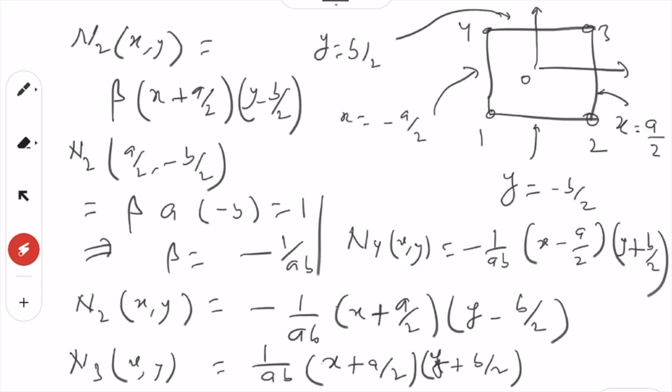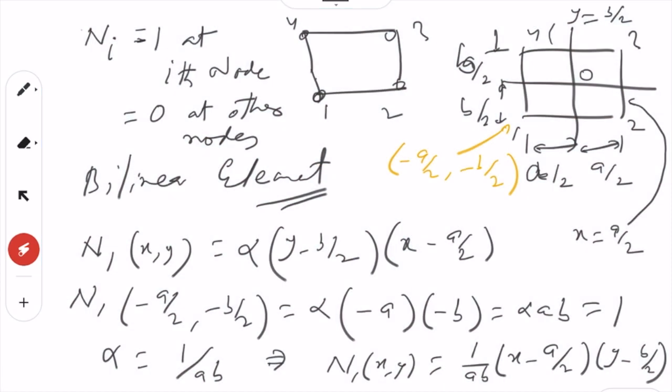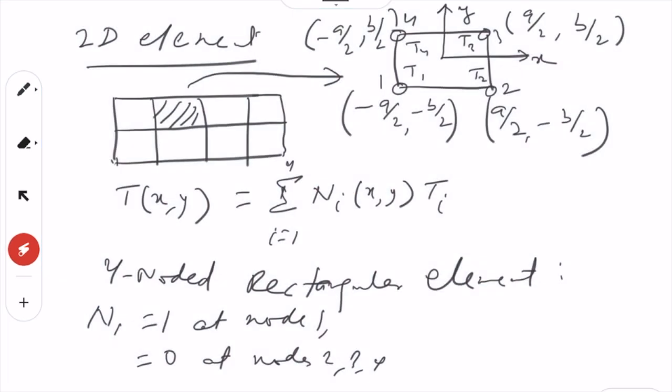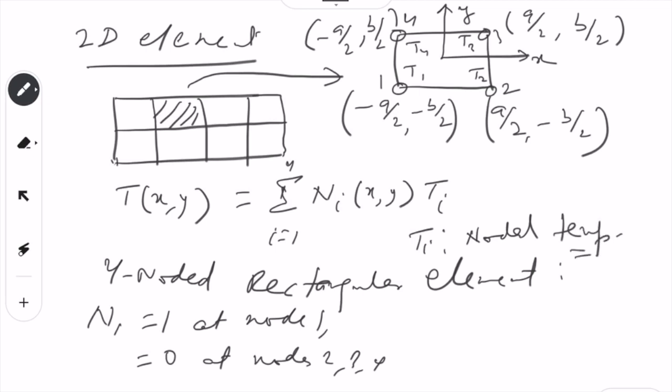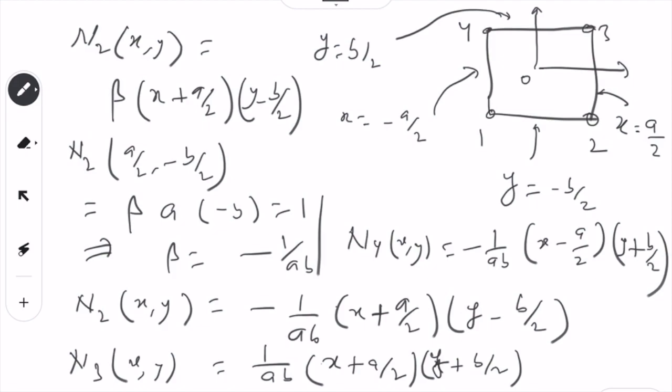So you have got all N1, N2, N3, N4, and hence you can write T as a function of these. Where Ti is the nodal temperature, you will be able to find the temperature.